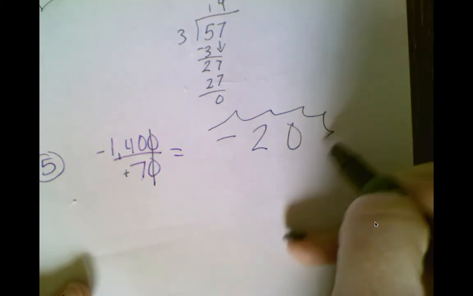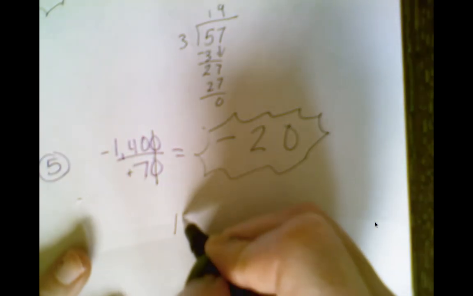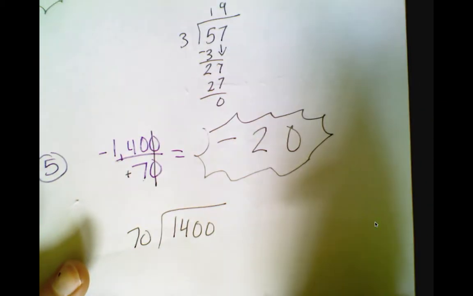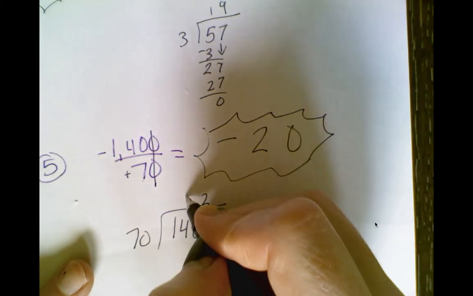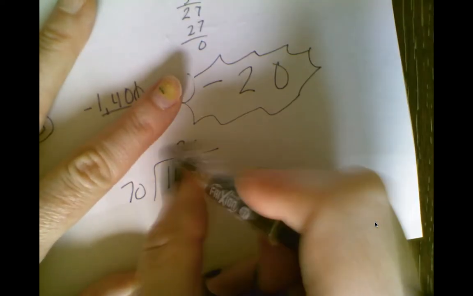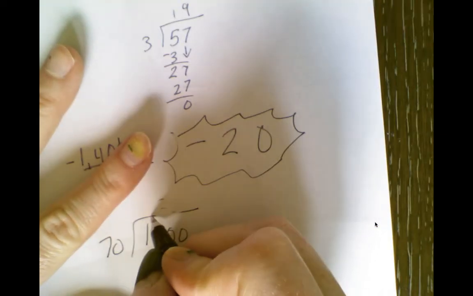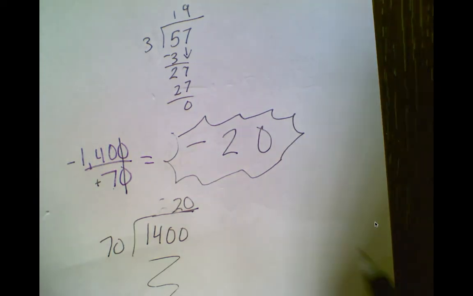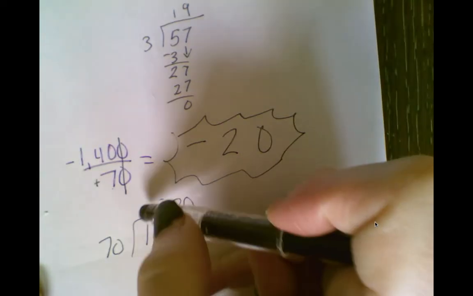So 14 divided by 7 would be 2. Like I said, you can physically take 1400 divided by 70 and figure it out, and after you've all said and done, your answer would be 20.